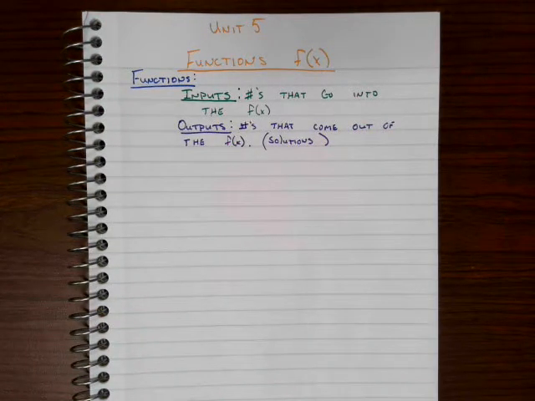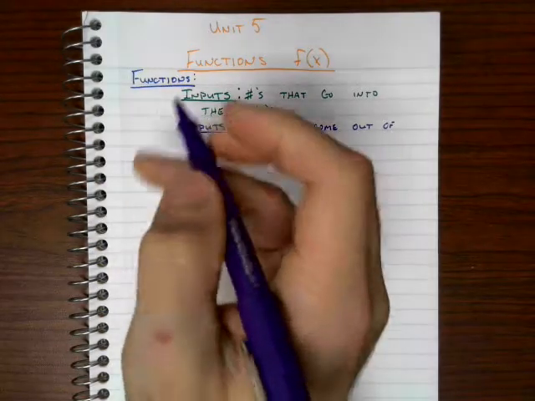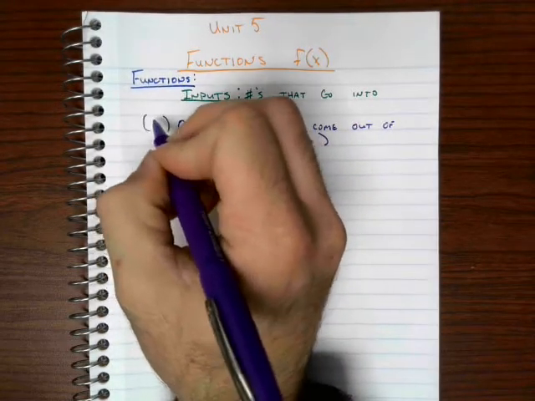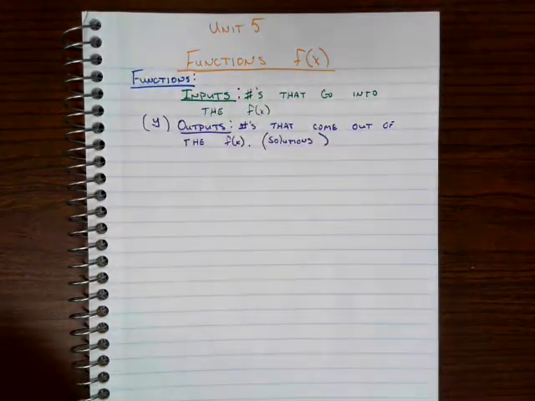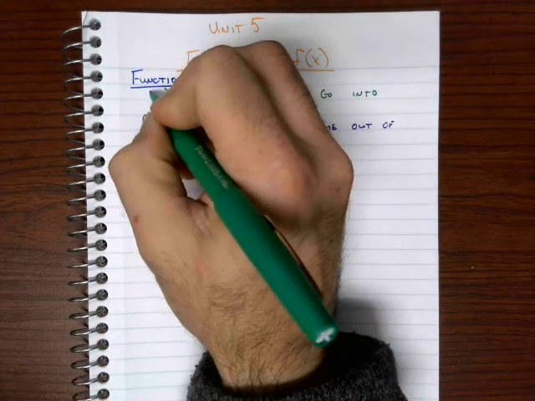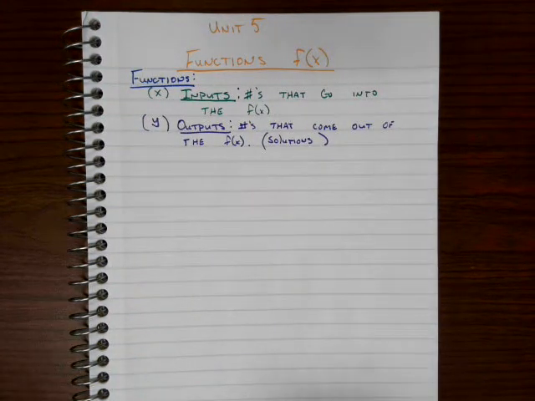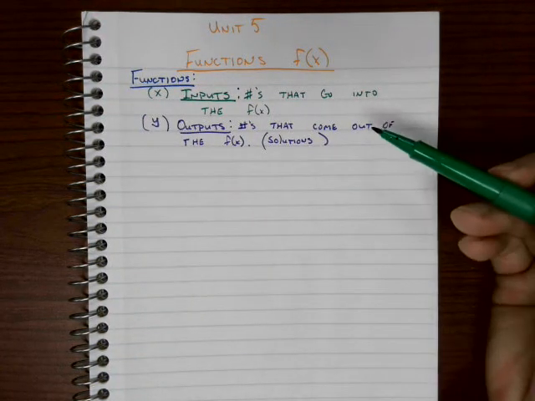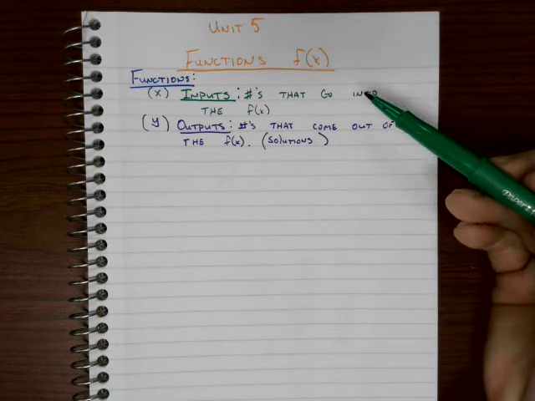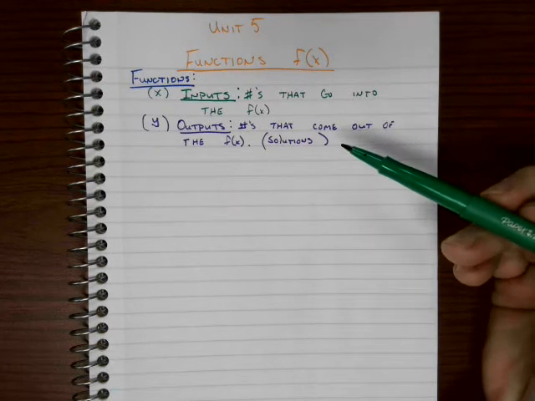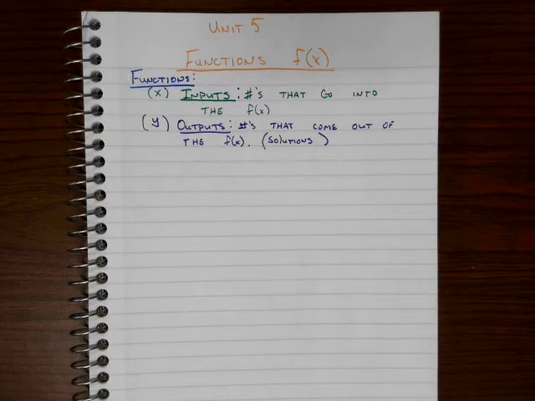So you have inputs and outputs. Now next to outputs in parentheses, I want you to write a y, and next to inputs, I want you to write an x, because on a coordinate point, it's like x, y. So your inputs are your x values, your outputs are your y values.